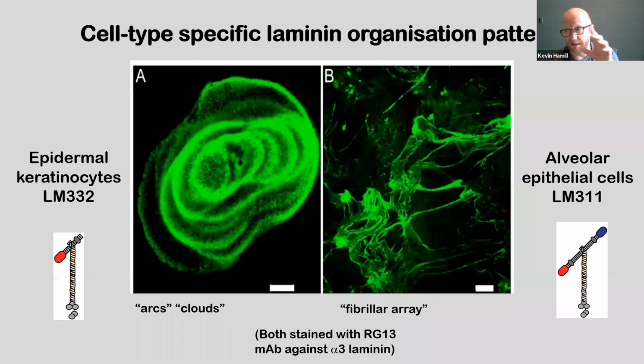The difference between the skin and the lung, even though they both produce laminin alpha 3, is that one produces 311 while the other produces 332. And this is an old image that I took using the same antibody with alveolar epithelial cells on the right versus the skin cells on the left-hand side. You can see that those different laminins are assembled differently depending on the context. And you get fibrillar rays, and this is 2-dimensional culture in a dish on a glass substrate, so it's a bit different.